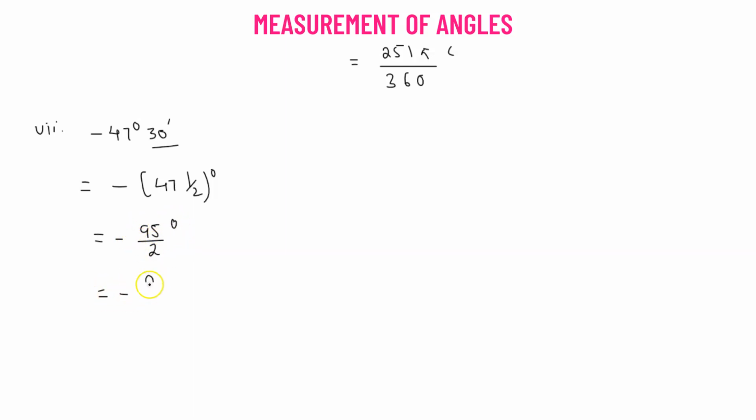So we have negative 95 over 2 multiplied by pi over 180 radians. So this is going to give us the final value, negative 19 pi over 72 radians. So this is the radian equivalent of negative 47 degrees 30 minutes.